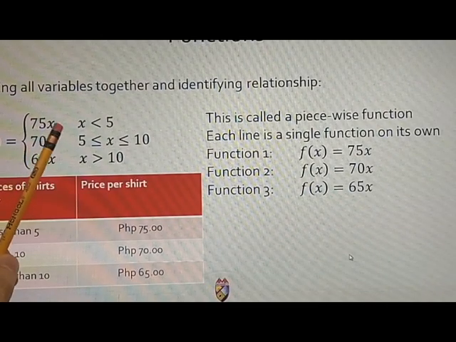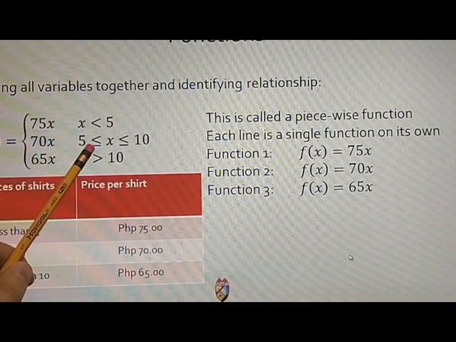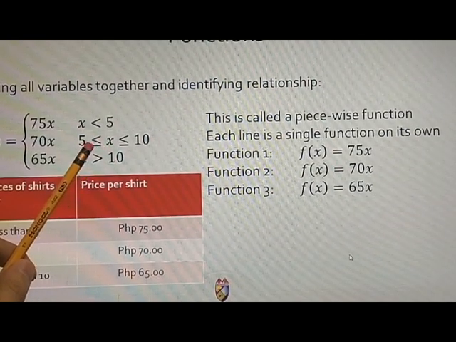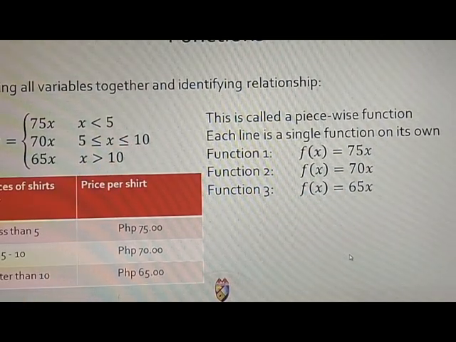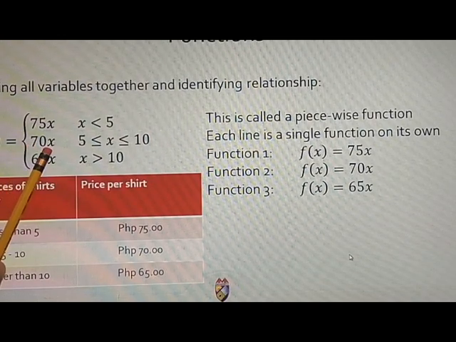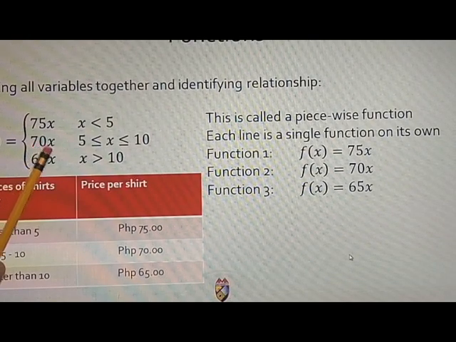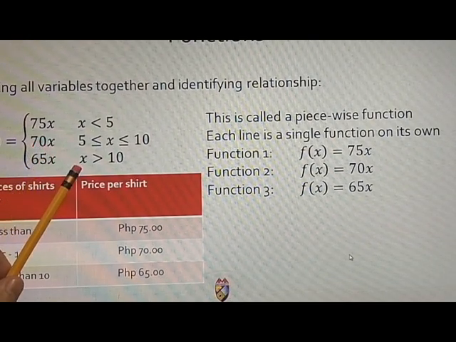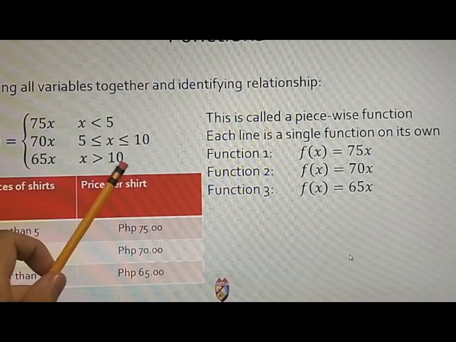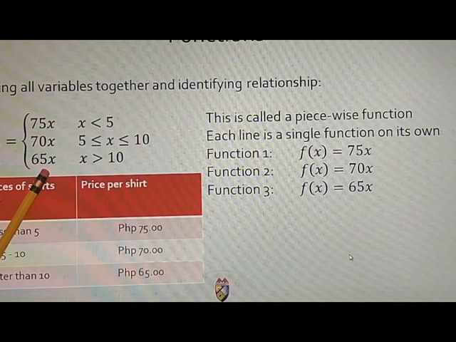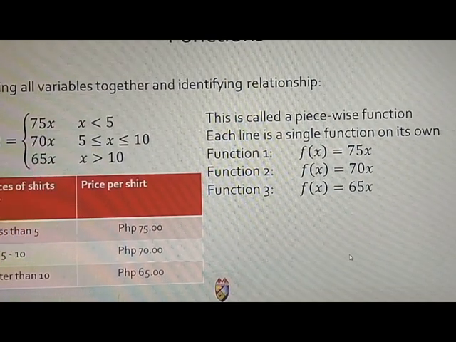If the number of pieces you will buy is greater than or equal to 5, but less than or equal to 10, the price of the shirt would be 70 times the number of shirts to buy, that is 70 times x. If x, or the total number of shirts, is greater than 10, the price would be 65 times x.